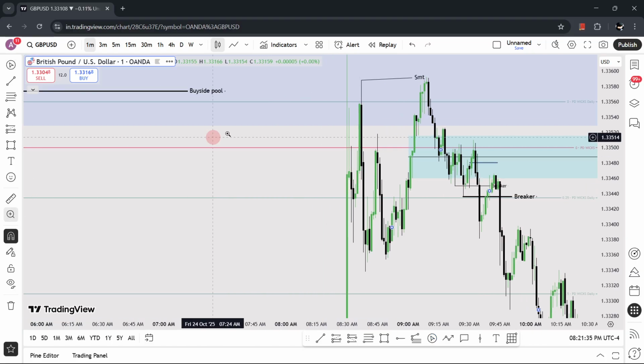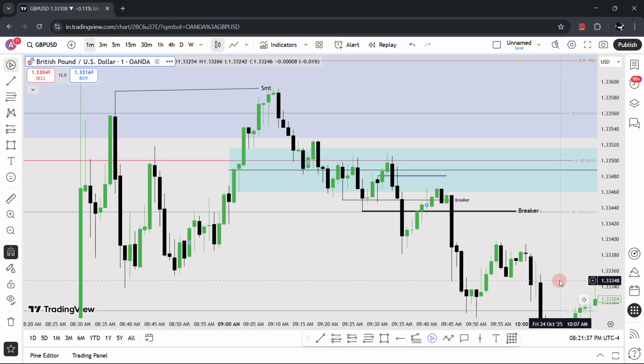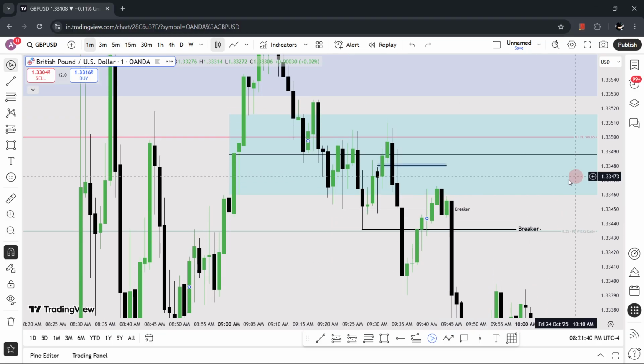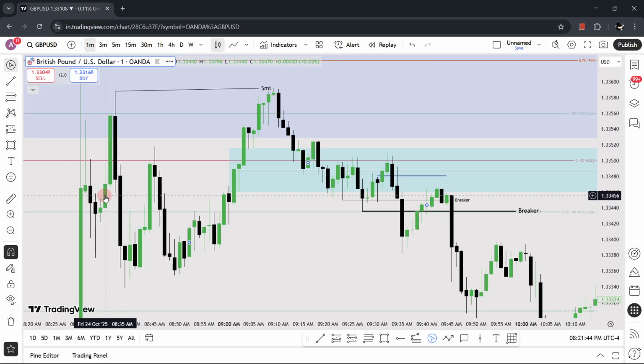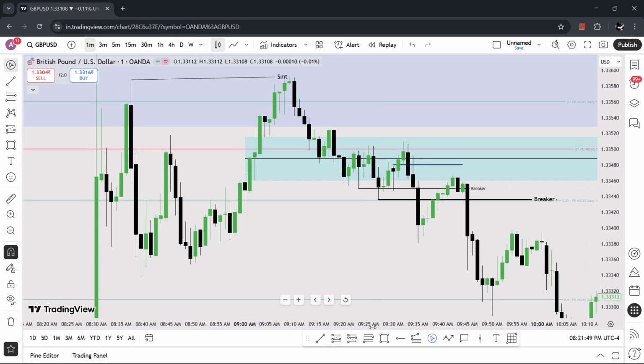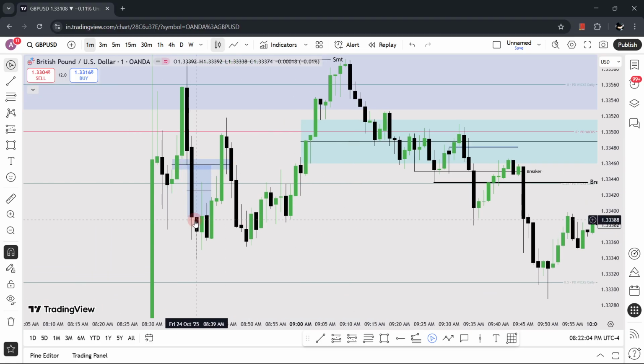Okay, so I'll just focus only here. While going up, it created this small fair value gap that I'm now showing. When the market went down, I waited for the reaction from this one.